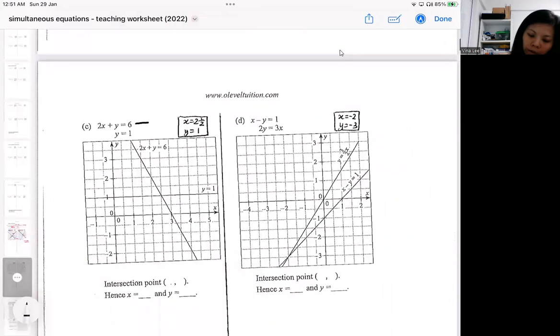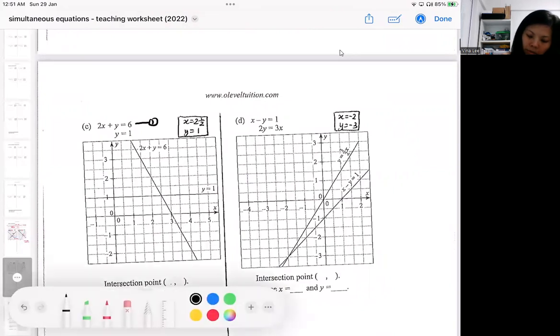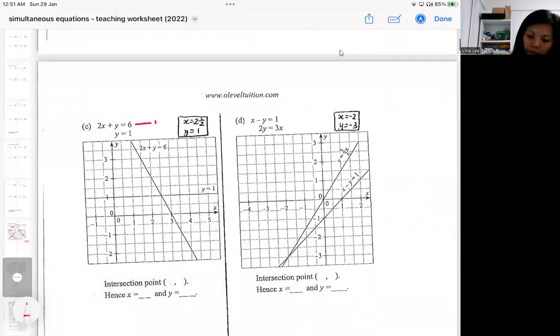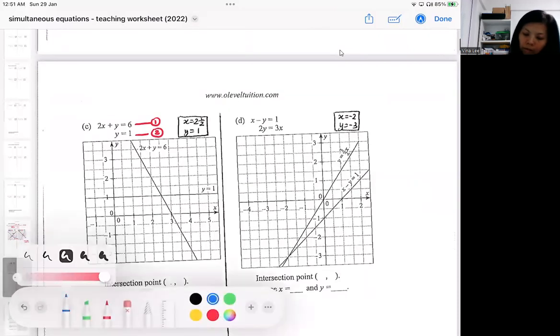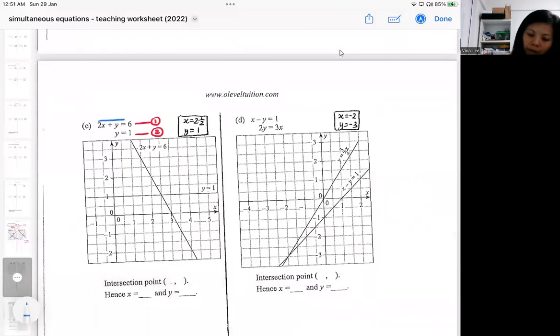So equation 1. Equation 2. The first equation, we'll draw it out. Later on, we'll talk about the actual drawing. So that will be my first equation.